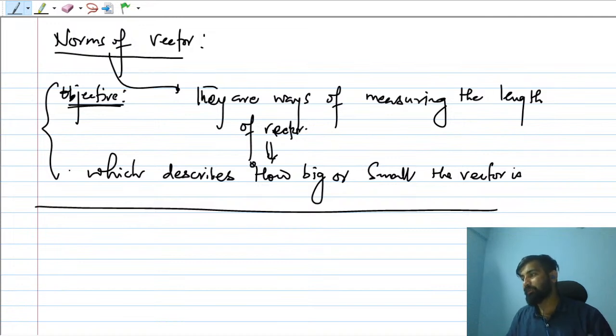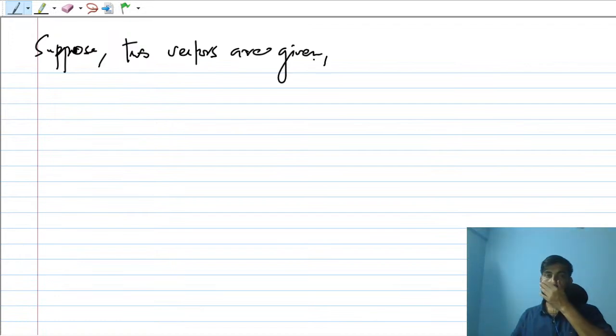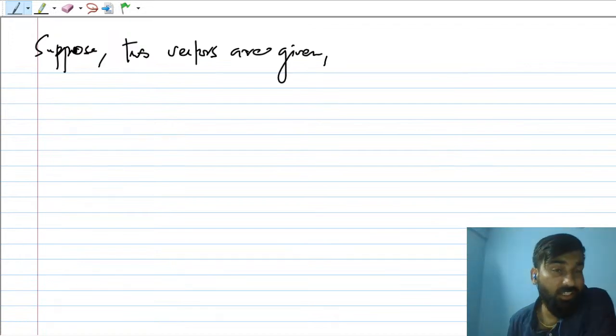Suppose we have been given two vectors. What does that mean?